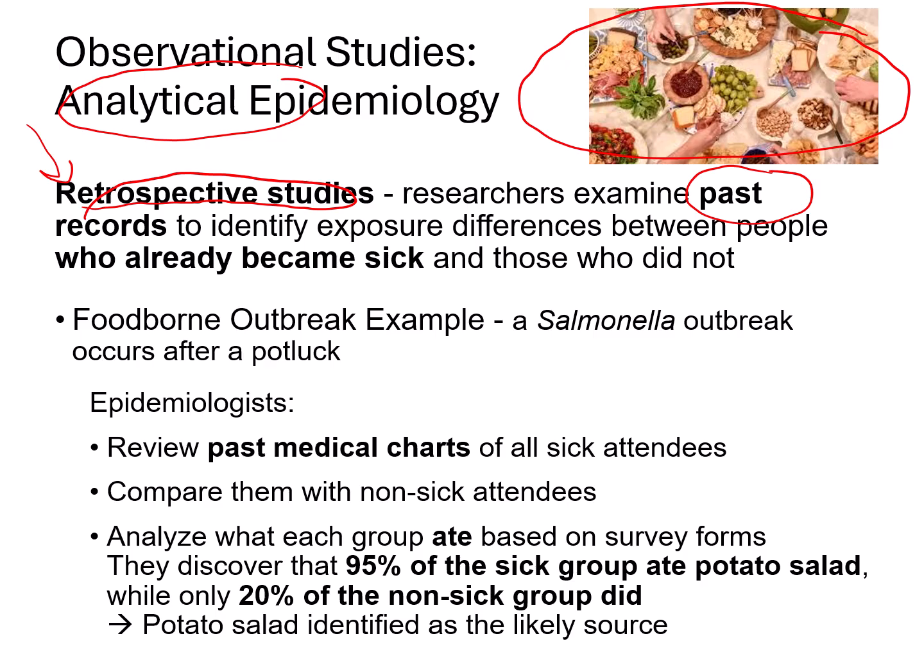So the epidemiologists review past health history charts, and they conduct questionnaires to compare potluck attendees who got sick versus those who did not get sick. And they found that 95% of people who got sick ate the potato salad at the potluck, whereas the others did not. So retrospective studies are ideal when an outbreak has already happened.